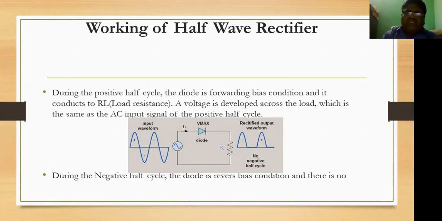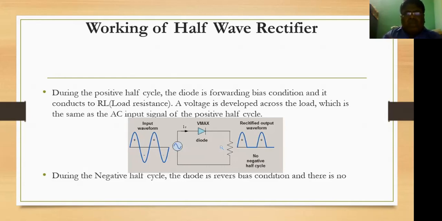When the diode is forward biased, what happens? The current passes through RL. RL means load resistor. The RL is connected at the output side. When current is passing, a voltage is developed across the load, which is the same as the input signal of the positive half cycle.